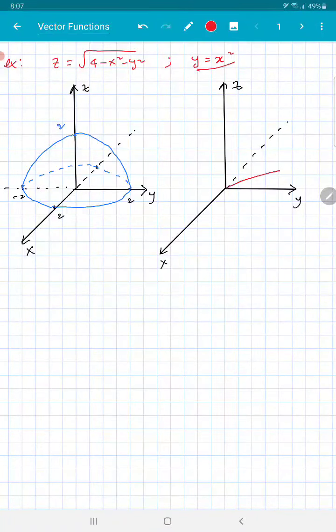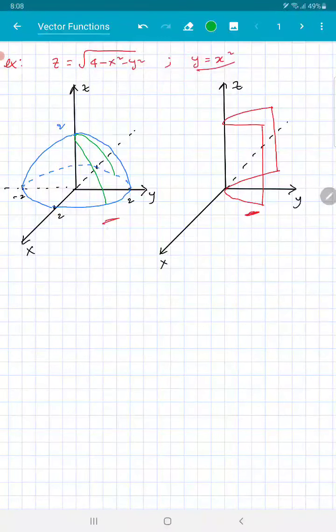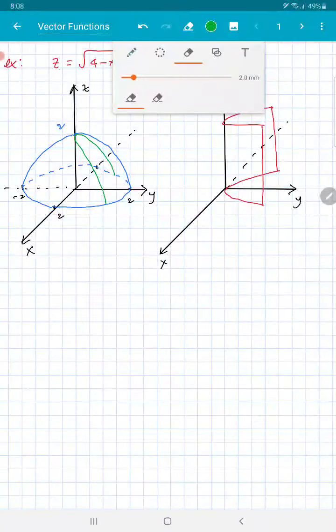So the green curve is the intersection curve between the two surfaces. Now our task is to represent the curve using a vector valued function. Remember, we need to introduce a parameter t that can relate the variables x, y, z on the two surfaces.